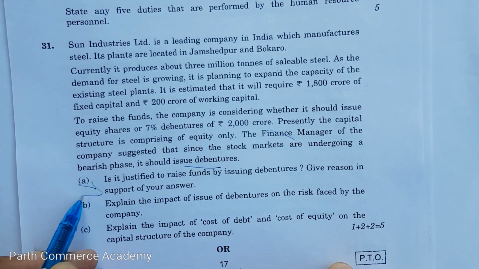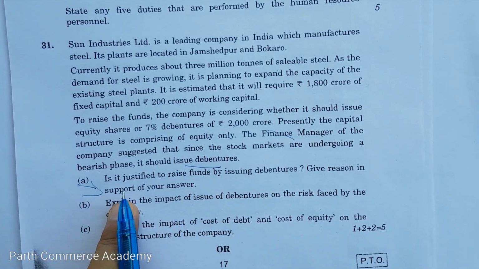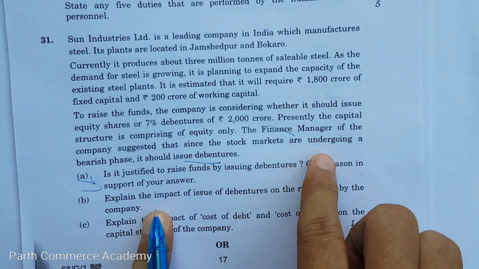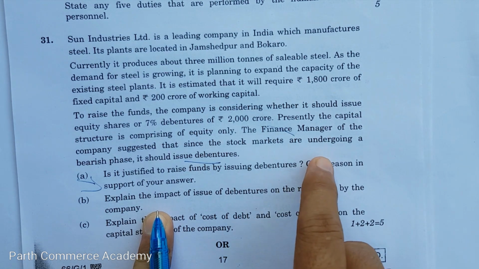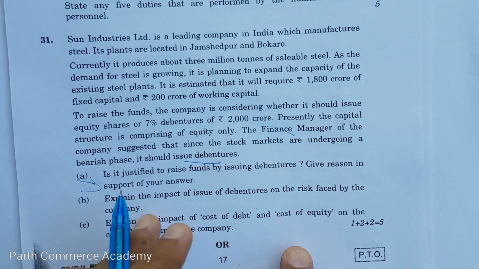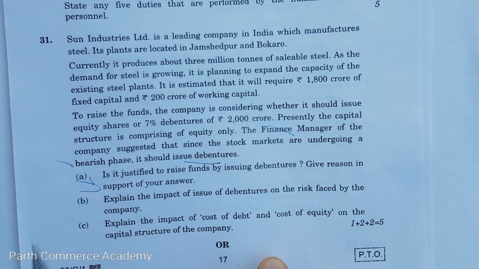So here you have to write the first question: justify raising funds by issuing debentures. Yes, you can say it is correct, because if you go to the capital market, you will not get a positive response from the investors, because it is facing a bearish phase. So first is that.